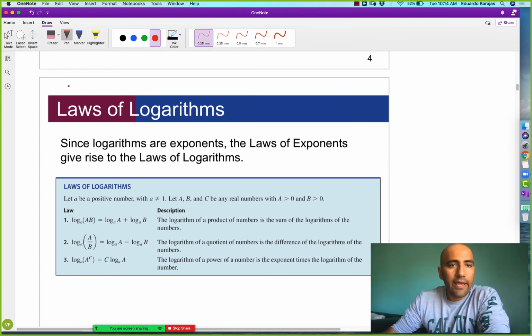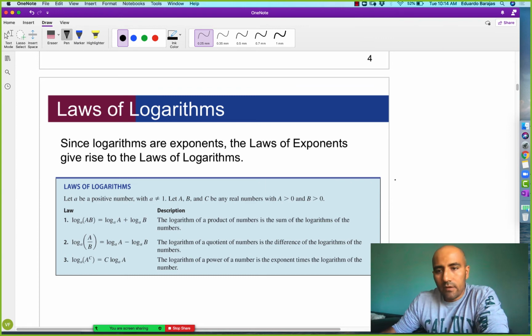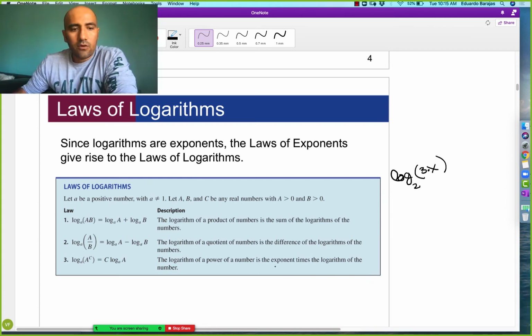So for property A, this is saying that we could have log base 2 of a multiplication, like let's say 3x, right? That's a multiplication. And according to property 1, this is equal to log base 2 of 3 plus log base 2 of x, right?